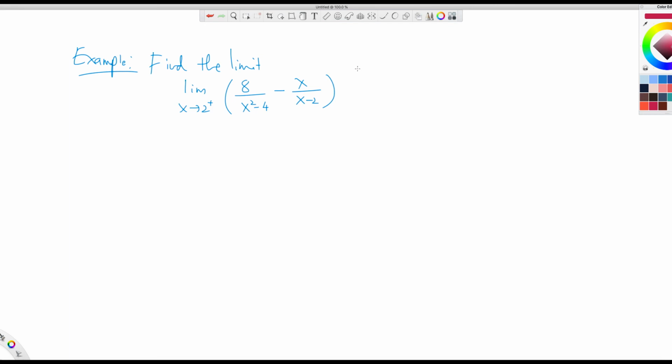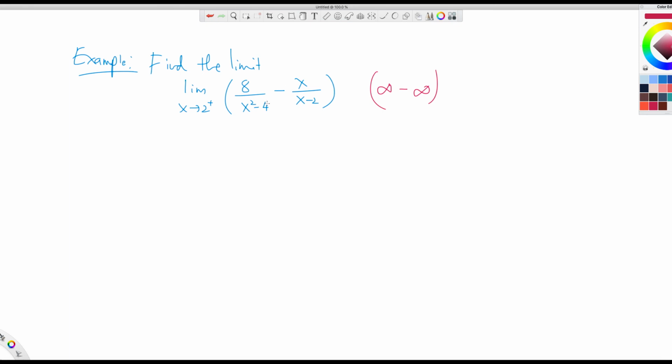If it is not, then we cannot. Okay, let's plug in the limit directly. You get 8 over 2 squared minus 4, that is 8 over 0, which is infinity, minus 2 over 2 minus 2, that is 2 over 0 again. So it is an infinity minus infinity indeterminate form.